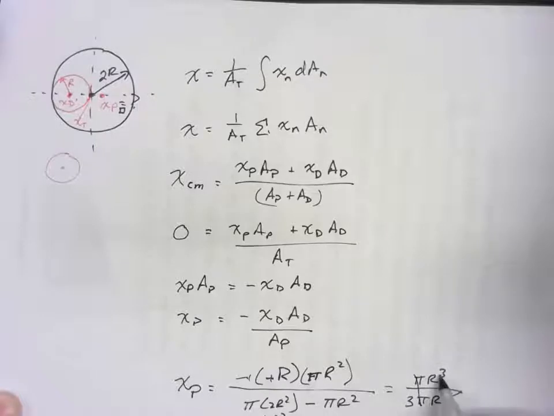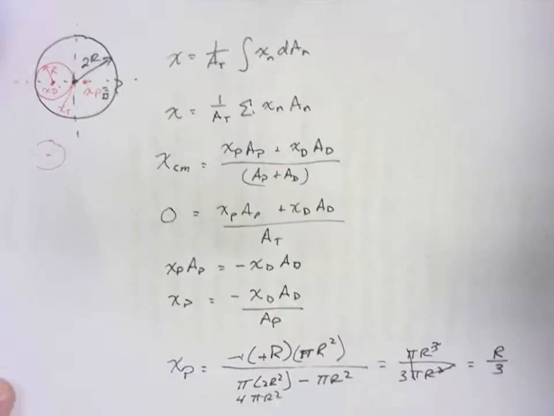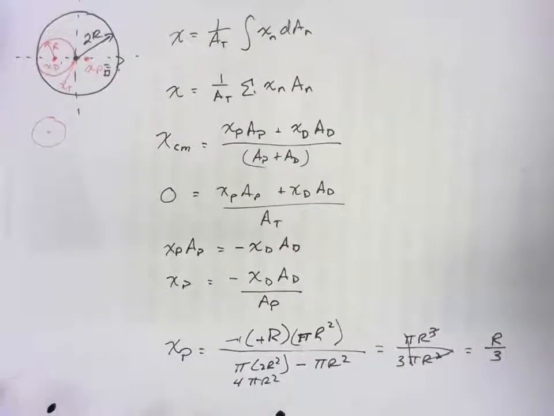Cancels. Cancels. So we're left with r over 3. So that the center of mass of the plate is located 1/3 of radius r.